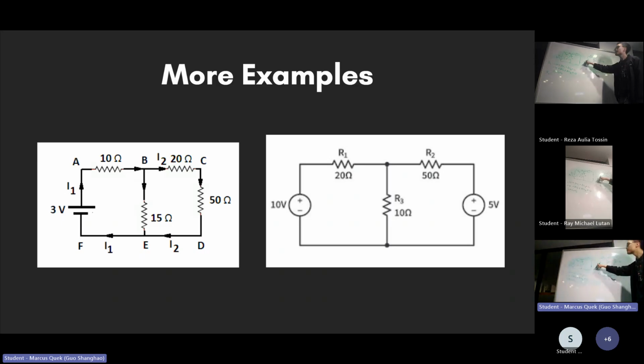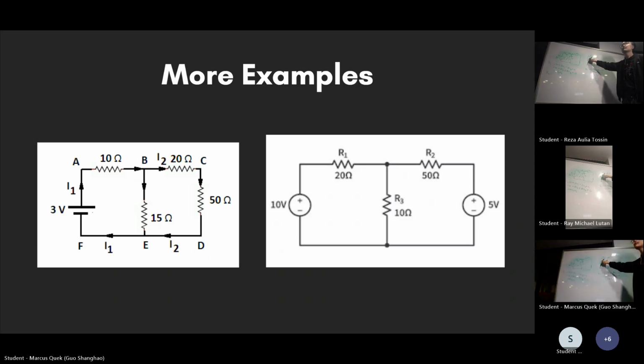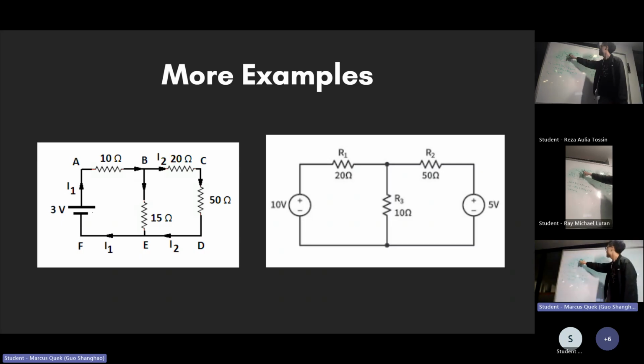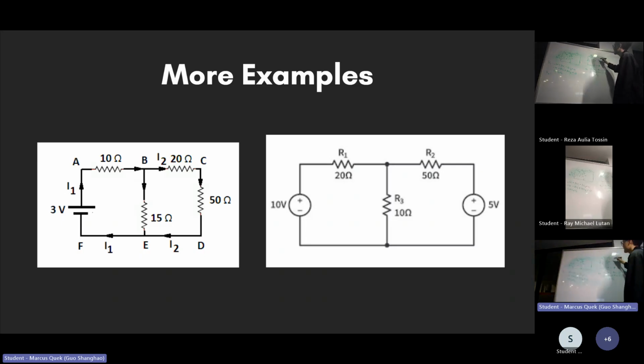So this I1: since current is flowing into here, this must be a plus. If you set I1 to reverse sign, then this has to swap sign already. So the polarity of this has remained the same. Here I2 is pointing in, so this would be negative. The polarity of this resistor should be set based on the direction of the current that you set. So this is important.